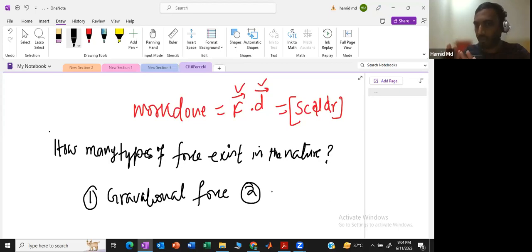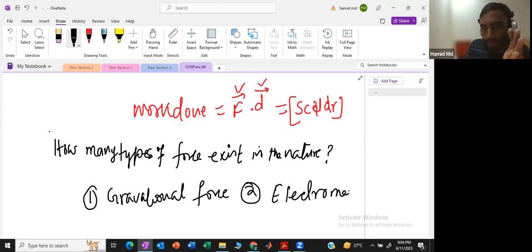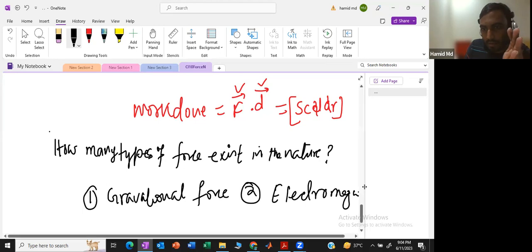Is magnetic force separate, or is electric force also separate? They are unified, and we call it the electromagnetic force, right? Electromagnetic. Okay.